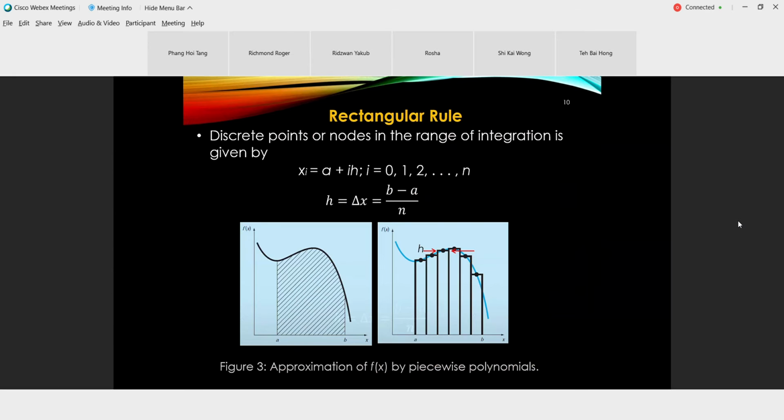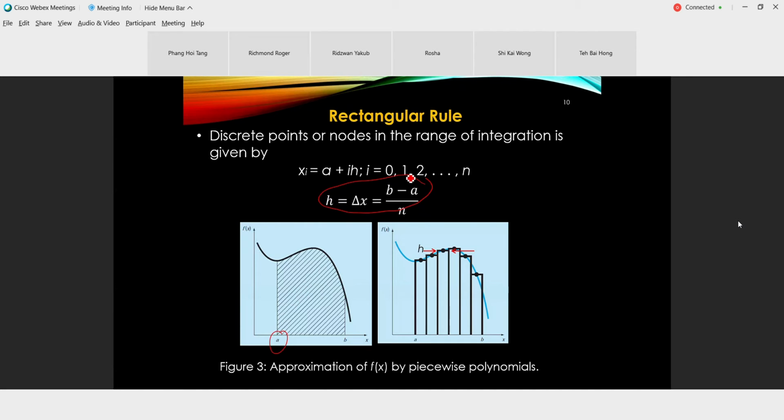This is what we call the discrete points or nodes in the range of integration, given by this value. It basically reflects our value of x is equal to the initial start a plus i times h. i is the number of iteration, h is the increment value.